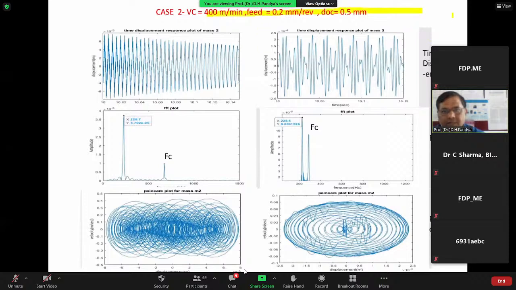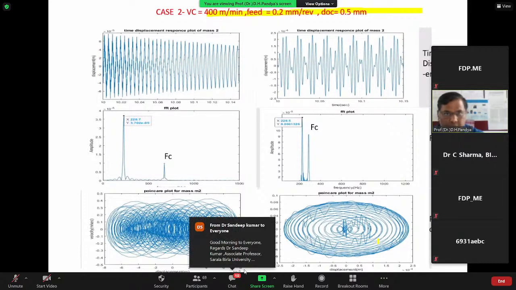As you can see, the chatter frequency is drastically reduced. As the speed increases, without SIM the system shows slightly reduced multiple orbit behavior, and with SIM, similarly, the amount of chaotic response is reduced compared to 300 meters per minute.